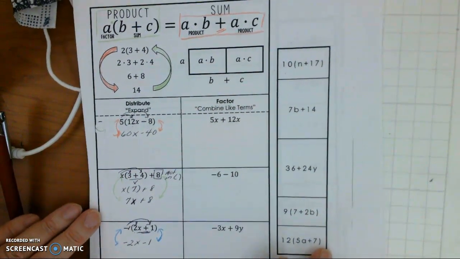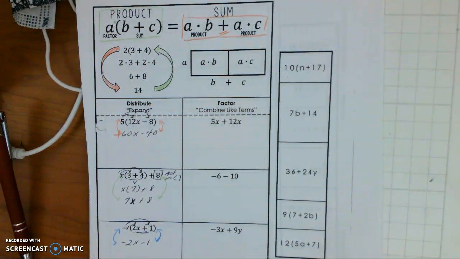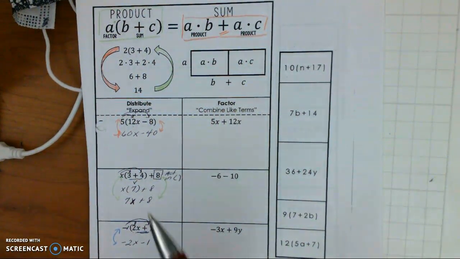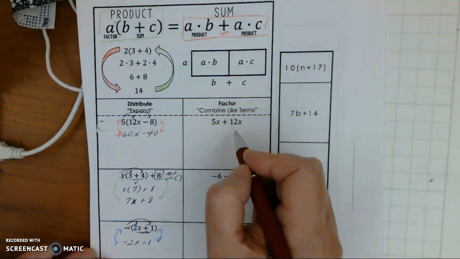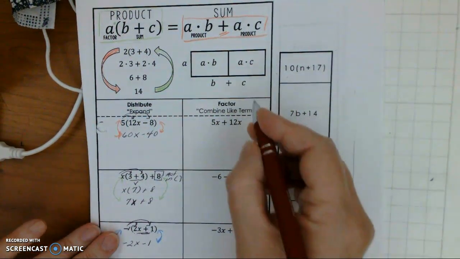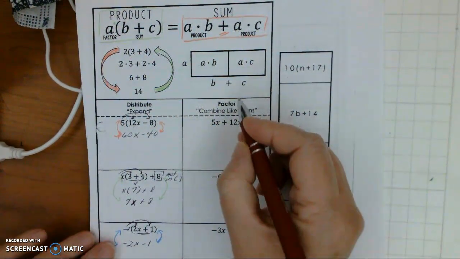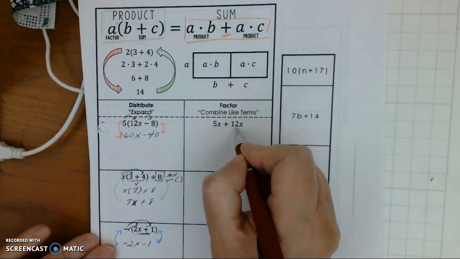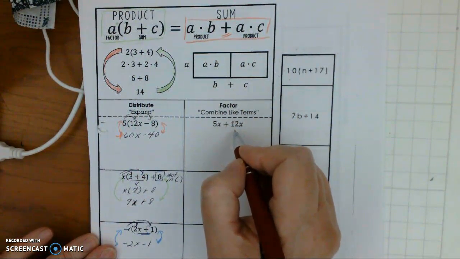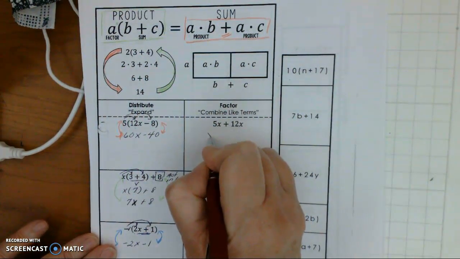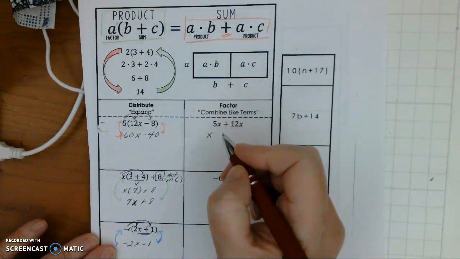That's what equivalent means. Okay, now here, we're going to break this down. Usually we try and find a common factor when we want to break it down. But here we know that x is the common term, right?